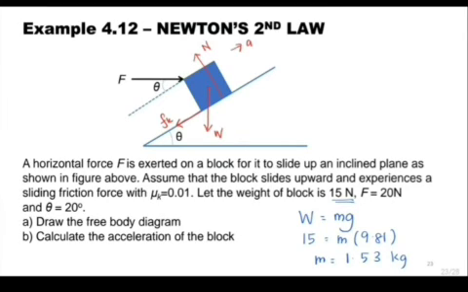Now, let's transform these forces into a free body diagram. For the free body diagram, we will combine all forces at one point. We have weight, we have horizontal force, and then frictional force, and normal force.